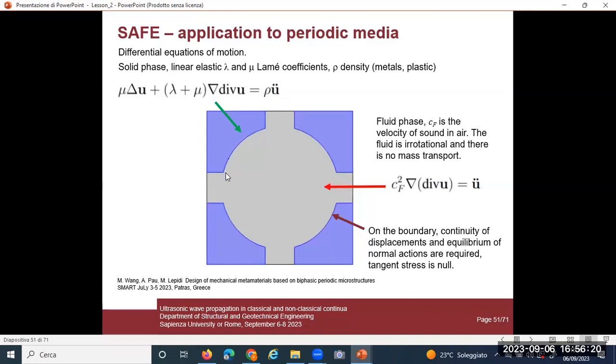I mean, pressure on that surface has to be the same. And in that case, there isn't transport of fluid between the cells. No transport of fluids. And also this is an irrotational fluid. We put some symmetry conditions on the gradient of the displacement field, also for the fluid.